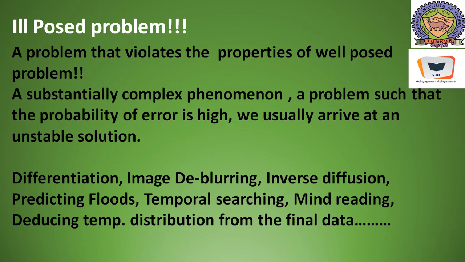A substantially complex phenomenon, a problem such that the probability of error is very high, we usually arrive at an unstable solution. That means ill-posed problems of this nature, which have high complexity and a high probability of error, fall under the ill-posed problem category.